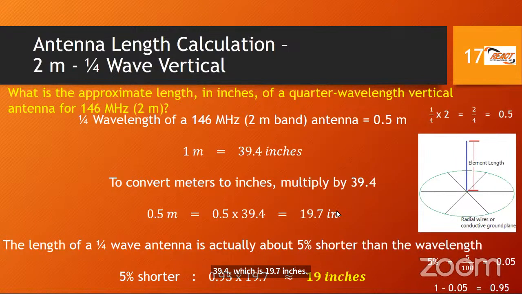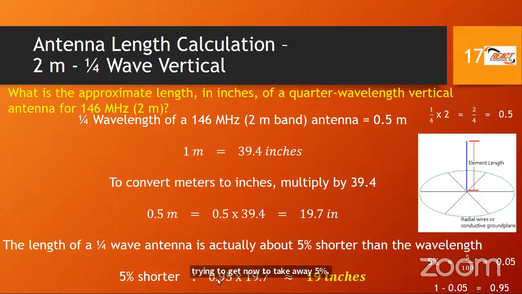Well, if you were to say, but wait a minute, last time we did this calculation, because we are actually going to construct the antenna, we need to shorten it by 5%. We cannot leave it as the calculation that we have there. When we're actually building the antenna, we need to chop off 5%, and that will be our answer. So that's what we do. Again, 5% is 0.05, and we're trying to take away 5%, so we're actually looking for 95% of it.